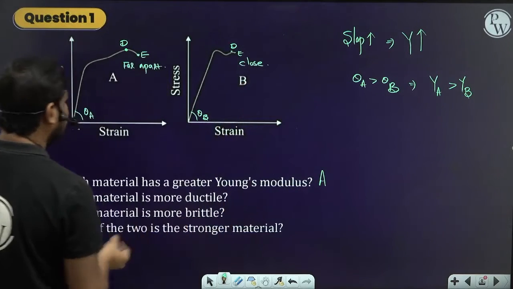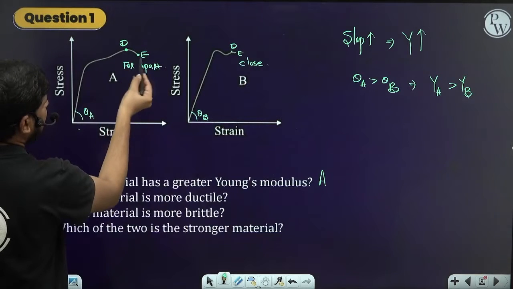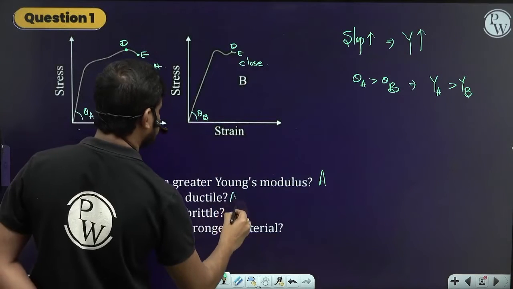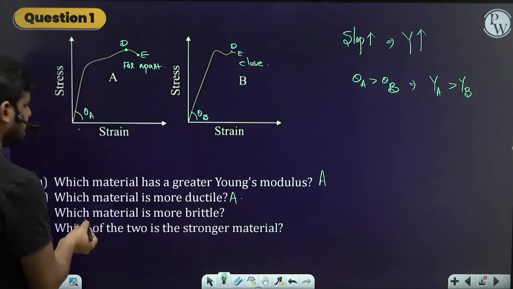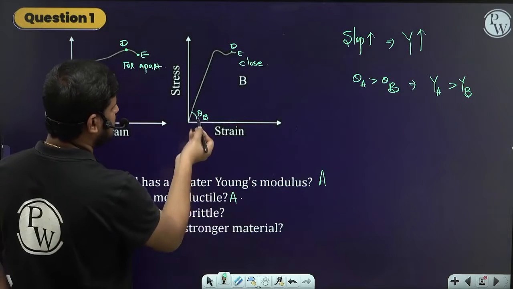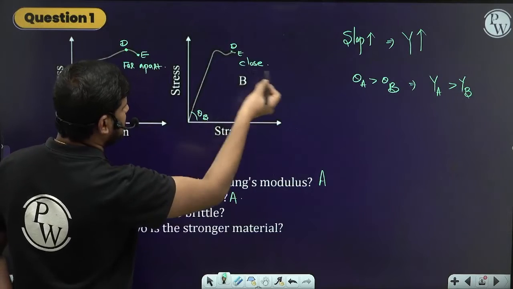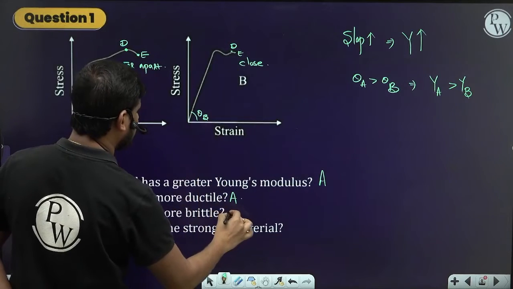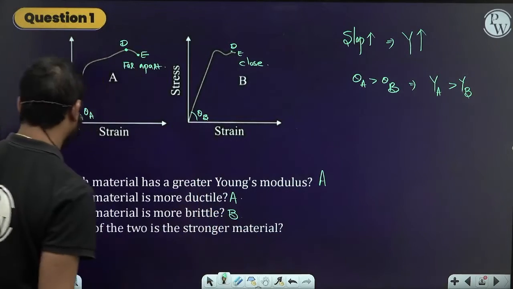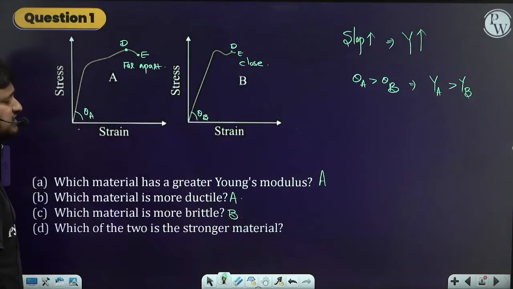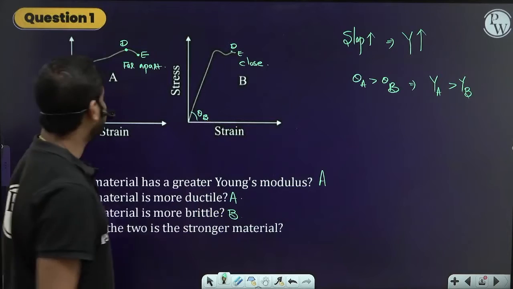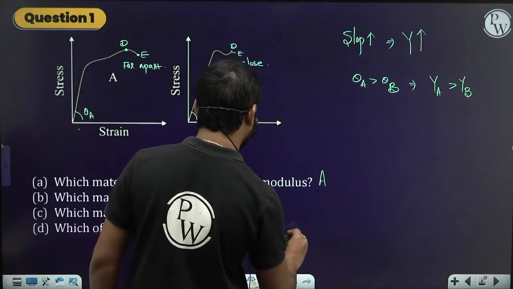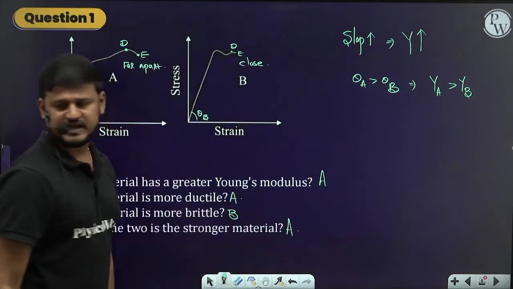So the ductile one is where D and E points are apart, which is curve A. Which material is more brittle? The second one, where D and E are close, so B. And which of the two is the stronger material? The ductile material will be the stronger material, so A. Clear guys?